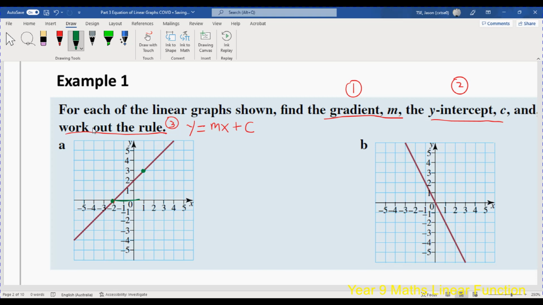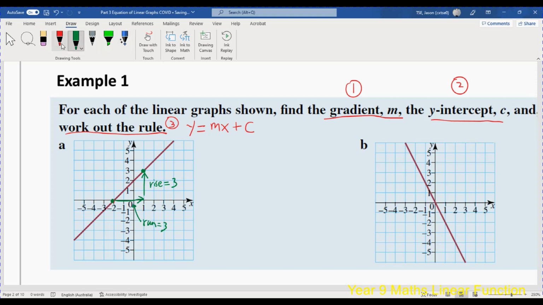So I'm looking for m, the gradient. How many units here? 1, 2, 3. So that means 3 units. Okay, the run equals 3. Then that's rise, isn't it? How many units? 3 units.